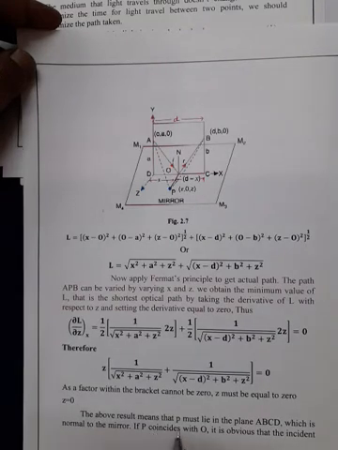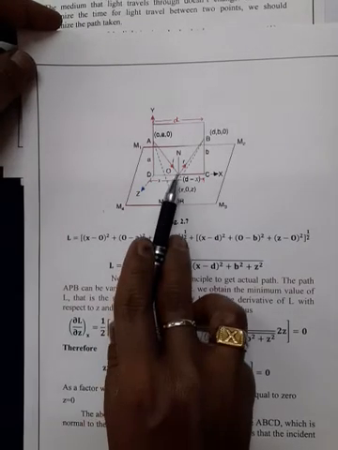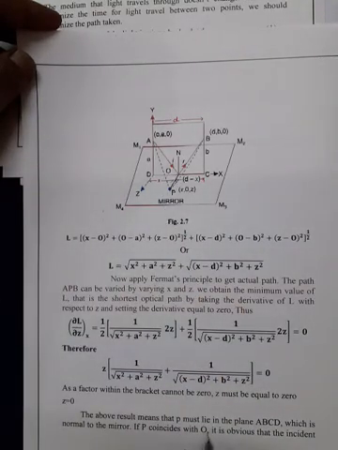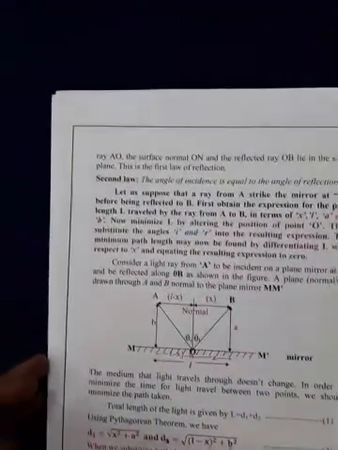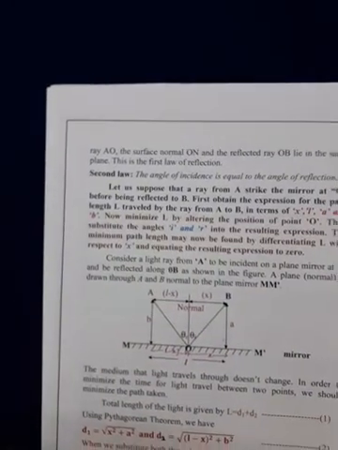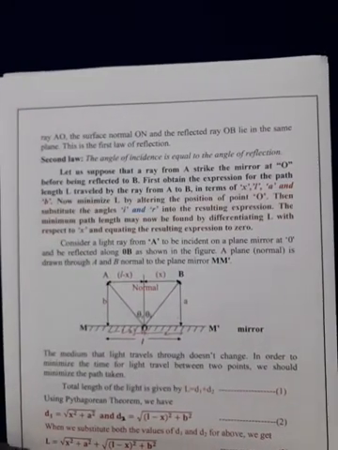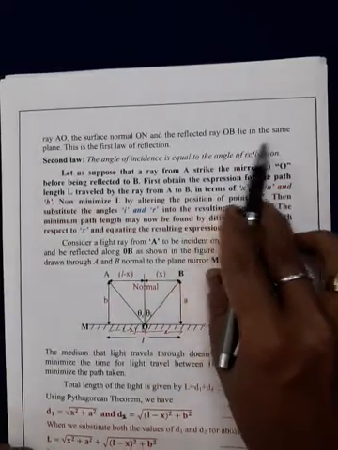The above result means that P must lie on the plane ABCD, which is normal to the mirror. If P coincides with O, here in this point, it is not 0, it is O, it is obvious that the incident ray AO, the surface normal, and the reflected ray OB lie in the same plane.